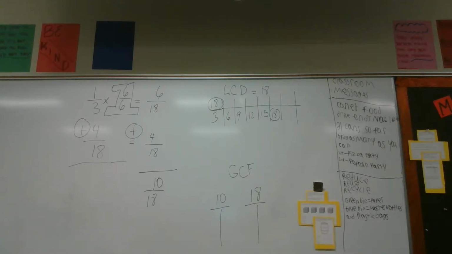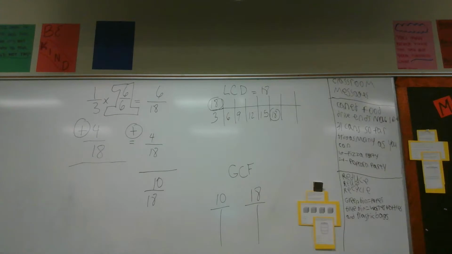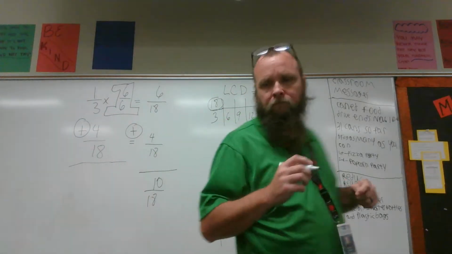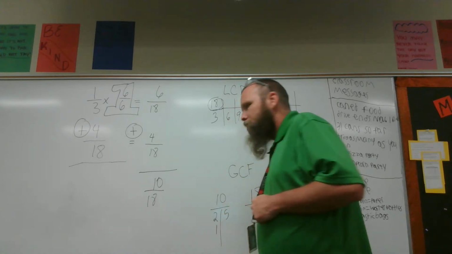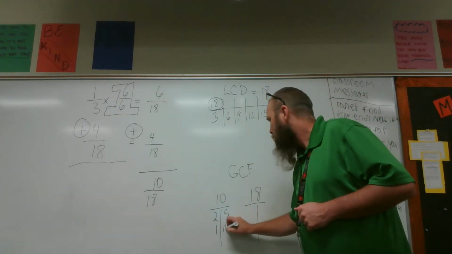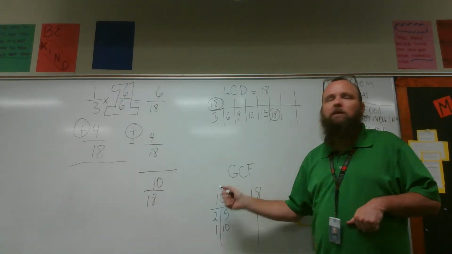Tristan, tell me the factors of 10. 10, 20, 30? No, those are multiples of 10. 2, 5, 1, and 10. Good. So is 10 prime or composite? Composite. Good.